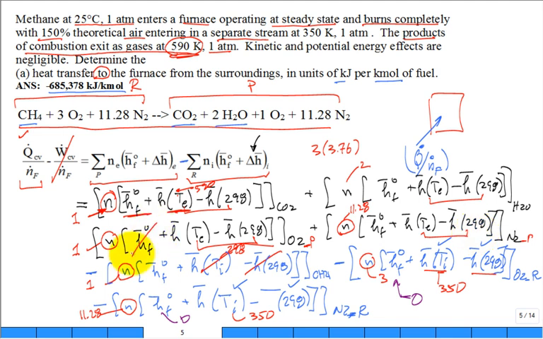The enthalpy of formations are 0, 0. This water, you have to pick how does it go out. At this point, when in doubt, it goes out at 590 Kelvin. It's going to go out in a vapor state. It's not going to condense. It's not close to the dew point temperature. You have all the tools to check the dew point temperature to see if any condenses, but it won't, not at that temperature. Okay?